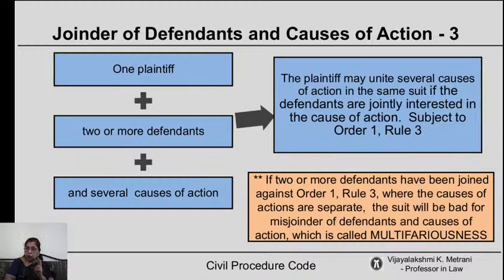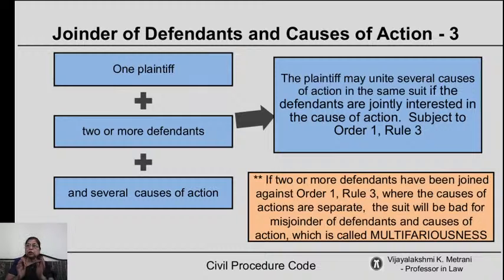But if two or more defendants have been joined against order 1 rule 3, and the relief claimed is not based on the same act, so it may be that the reliefs are not based on the same act. Once, that same plaintiff has suffered an injury from the vehicle driven by A. On another occasion, he has suffered an injury by a vehicle driven by B. These are two different defendants, the occasions are different, the transactions are different, and the causes of action are also different.